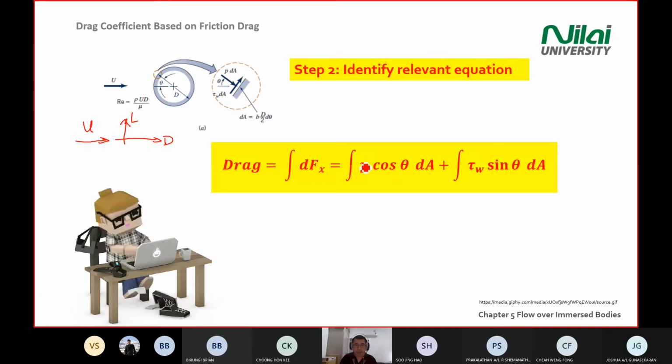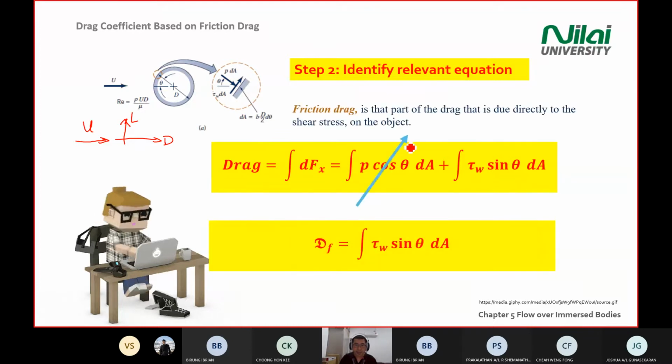So the drag equation is given by the integration of P cos theta dA plus the shear stress component sine theta dA. This one was covered in the previous slides. All right, then we cancel out the first one, the pressure component, because pressure is always perpendicular to the surface. So our angle for the pressure component we can take out.